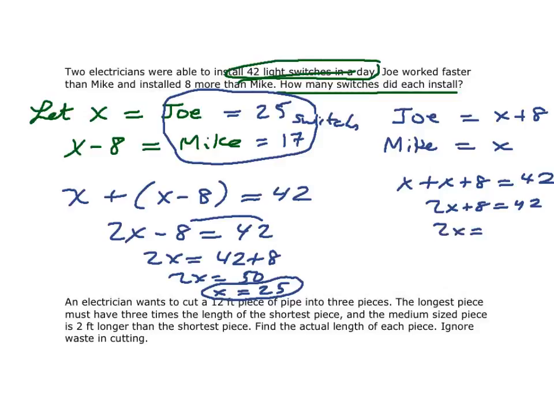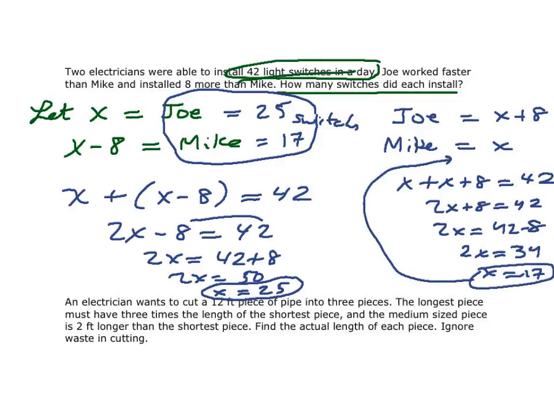So 2X is going to equal 42 minus 8, so 2X is going to equal 34. Therefore, X is equal to 17. What did X represent? You go back up to your legend. Mike installed 17. Joe installed 17 plus 8, so Joe installed 25. There's more than one way to skin a cat, and you could do it either way as long as you finish the question by identifying which person installed the correct number.